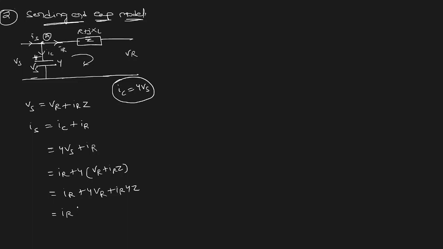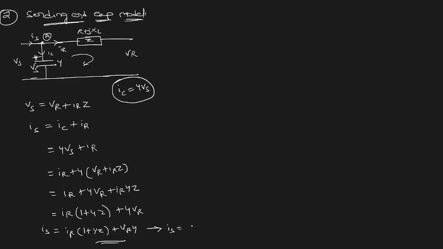Take IR as common: 1 plus YZ, plus Y into VR. Therefore, Is equals IR into (1 plus YZ) plus VR into Y. This is the Is equation.